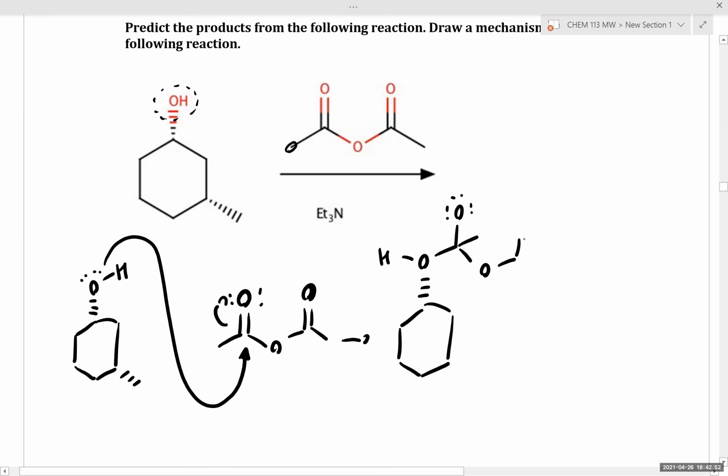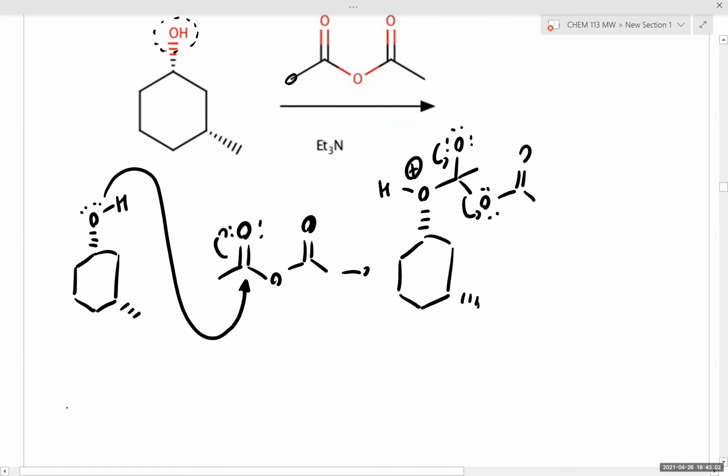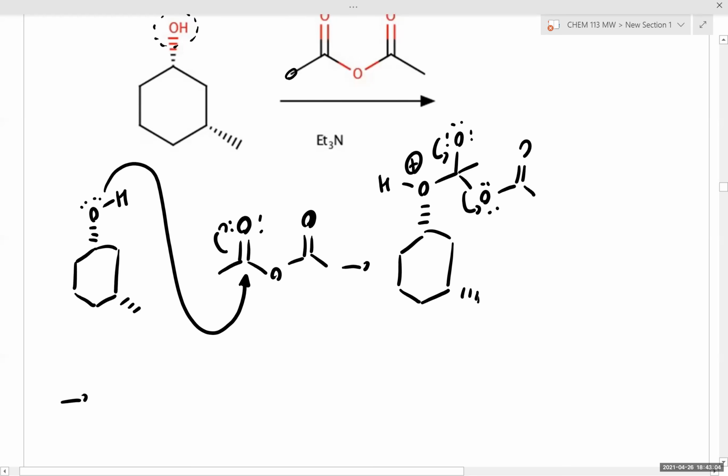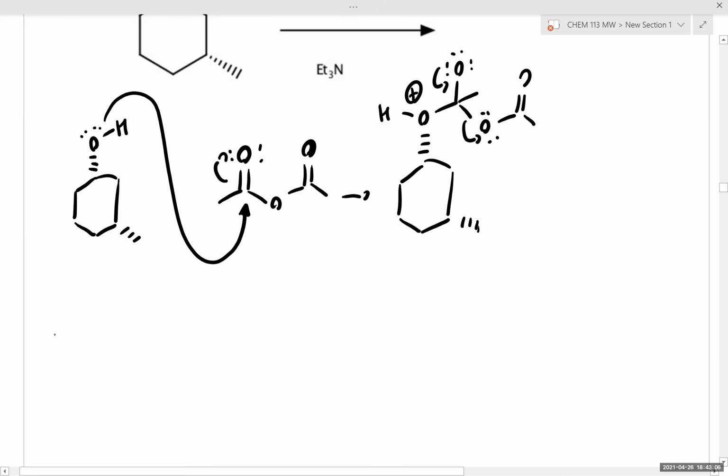This tetrahedral intermediate will collapse to kick out acetate. And one thing to note is that the reaction only occurs at the oxygen. So the stereochemistry is not altered over the course of this reaction.